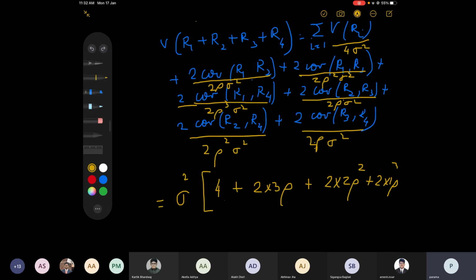Which means if I take summation over 4 returns, then I can say the sigma square is equal to 4 plus 2 into 3 row plus 2 into 2 row square plus 2 into 1 row cube.